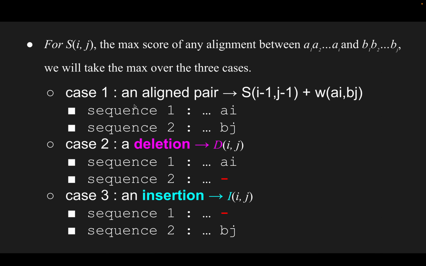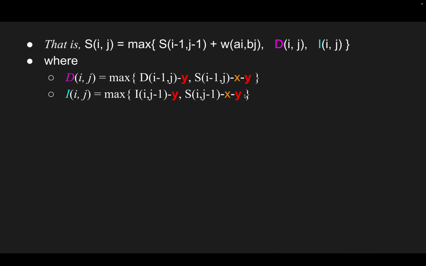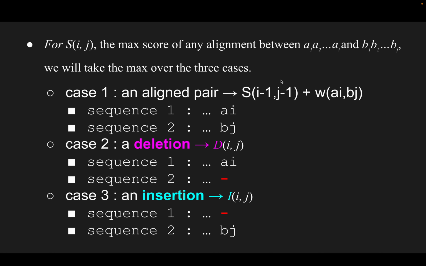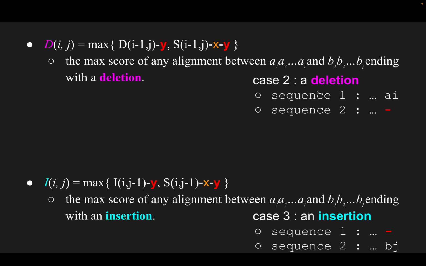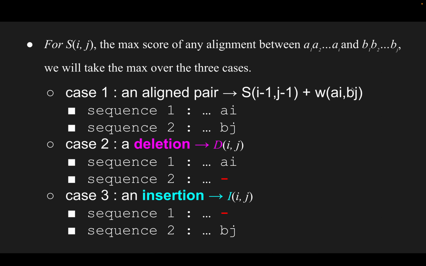And the third case is an alignment where we take the optimal score for the prefix A1 to i minus 1 and B1 to j minus 1, and we calculate the score between character Ai and character Bj.